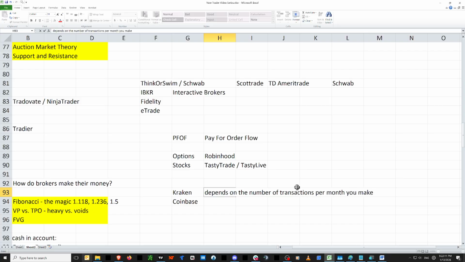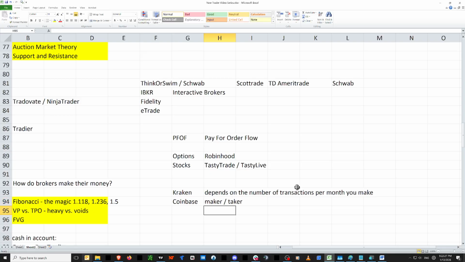If you make a lot of transactions every month, they give you a reduced fee. Okay, that's cool. And then part two is maker versus taker.